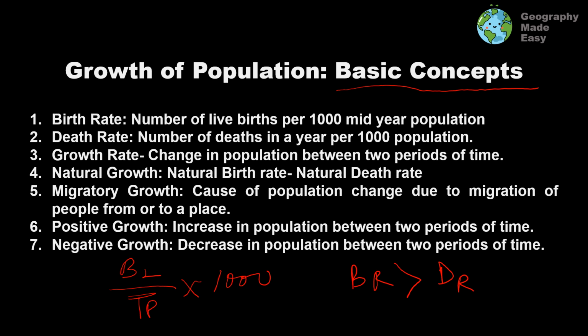So in India and most of the developing nations, they have a positive growth rate. But certain countries are experiencing a negative growth rate, where the death rate is exceeding the birth rate. This can happen when either the birth rate starts falling or the death rate has increased.